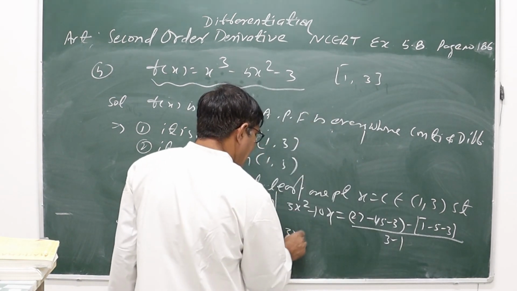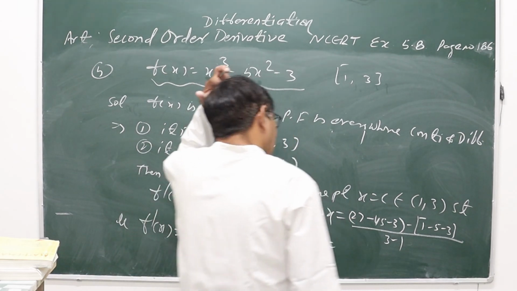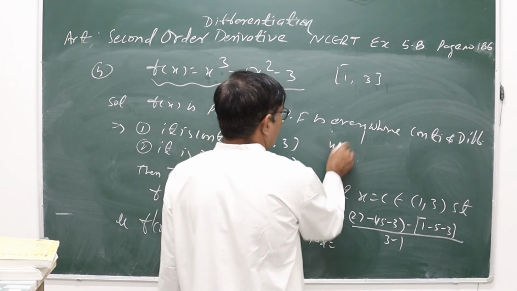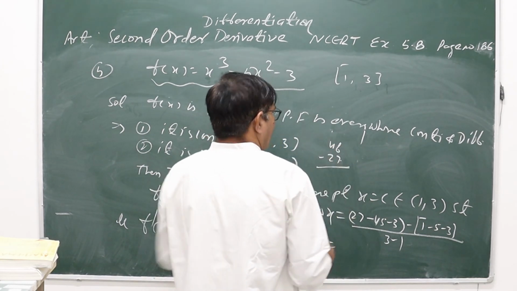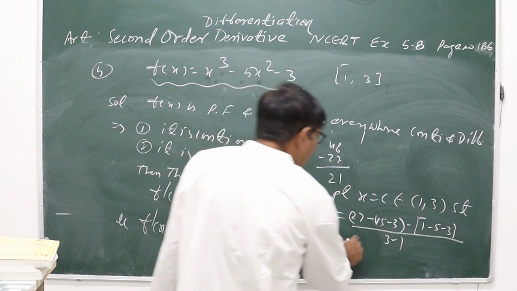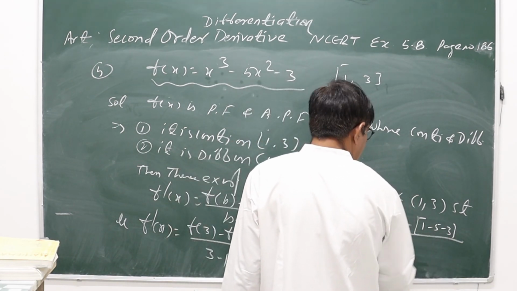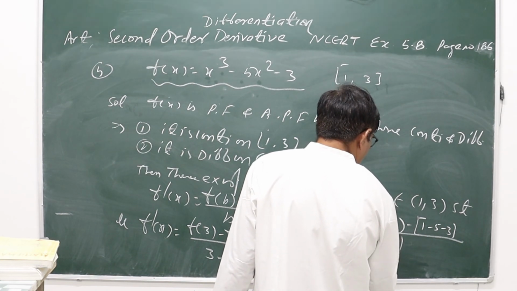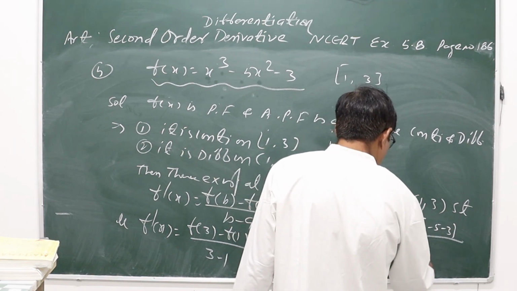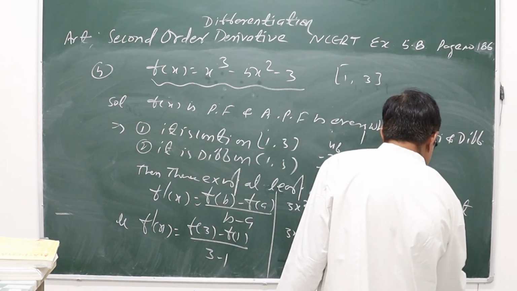So 3x square minus 10x will be equal to, देखिए 48 में से 27 जाएगा, तो 48 minus 27, 8 में से 7, 1 2, that is your minus 21, और 1 minus 5 minus 3, that is minus 7, ये आपका plus 7 upon 3 minus 1, that is 2. तो minus 27 plus 7, minus 14 divided by 2, minus 7.